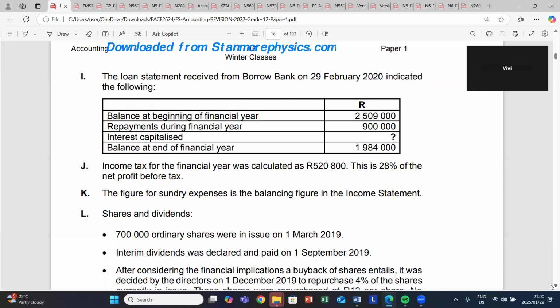Okay, are you attempting it? Repayments are always like a negative, right? Yeah. Okay.